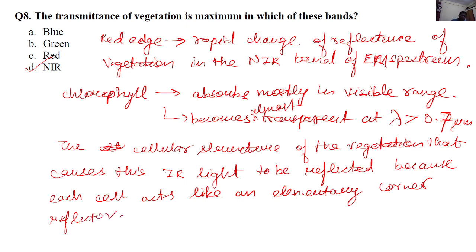So the change in the reflectance can be 5 to 50 percentage from 680 nanometer to 730 nanometer.